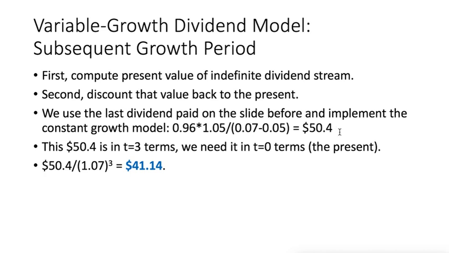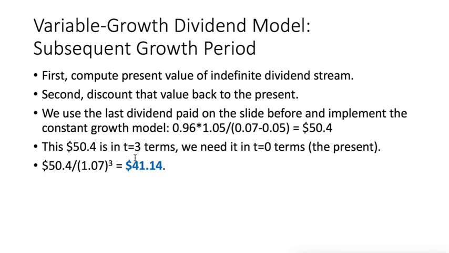But remember, this value is in terms of t equals 3. And we need it to be in time 0 terms, or the present. So in order to do that, we take this $50.40 and divide it by 1.07 to the third, where 7% represents our required return. And that gives us $41.14.